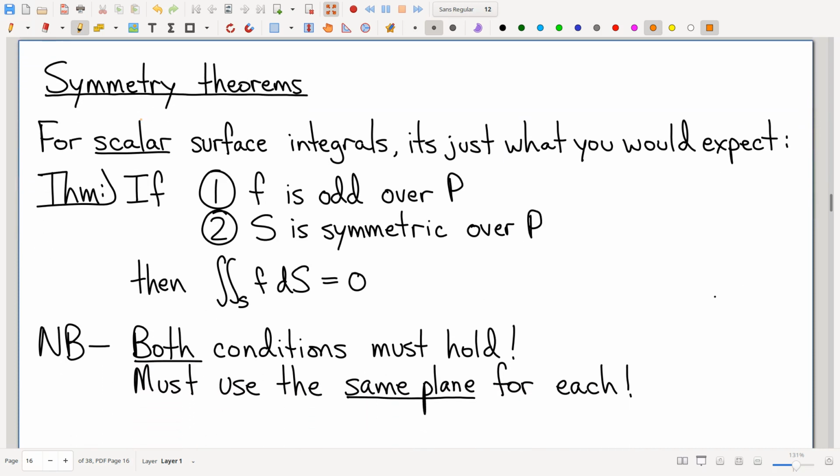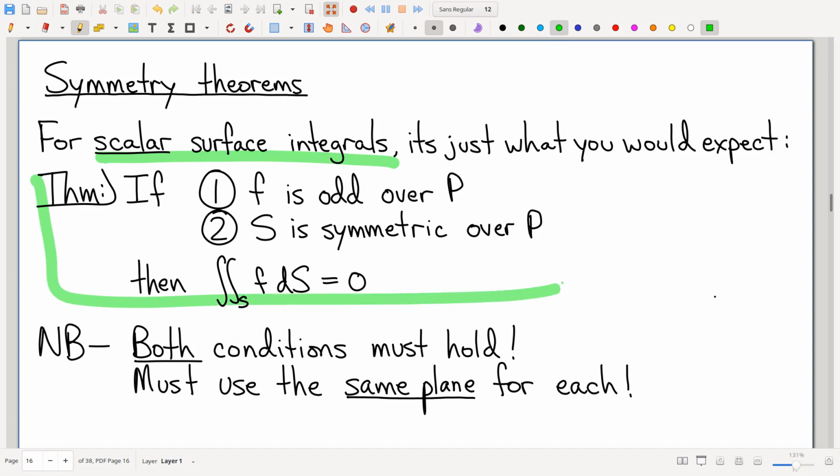Symmetry theorems. Good news. It's just like with line integrals. Scalar surface integrals too have a symmetry theorem, specifically an odd symmetry theorem, with the same morally equivalent conditions, same result, same asterisks.